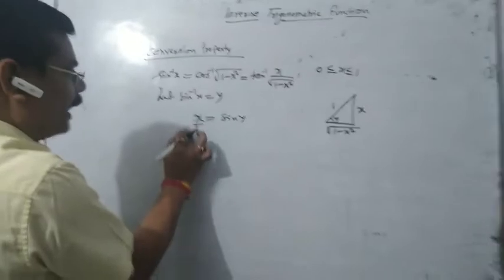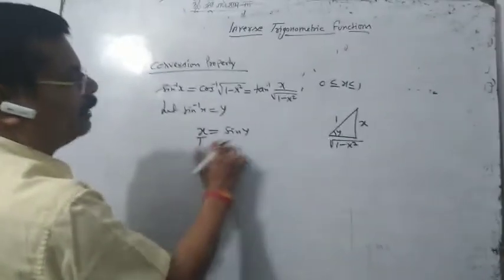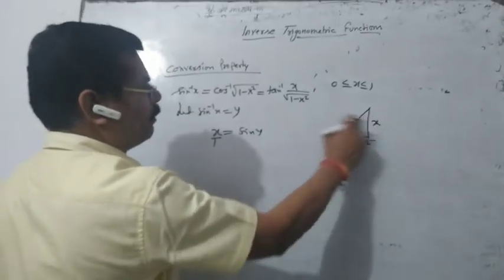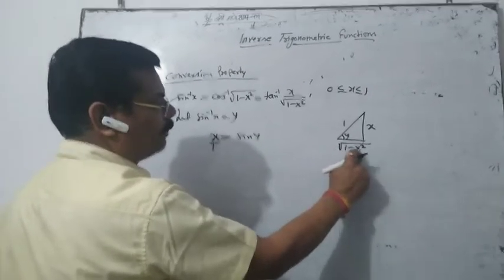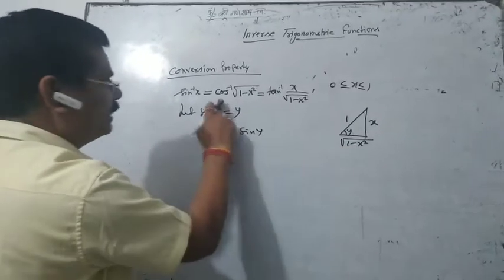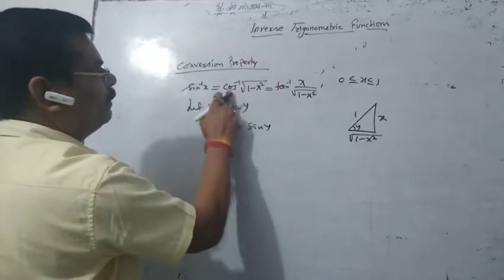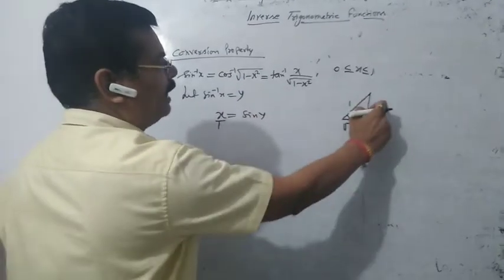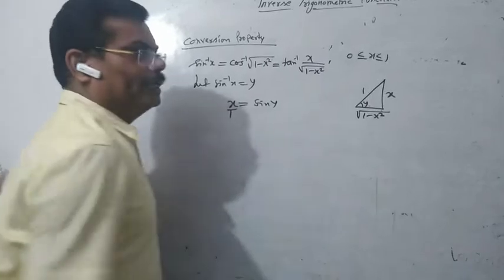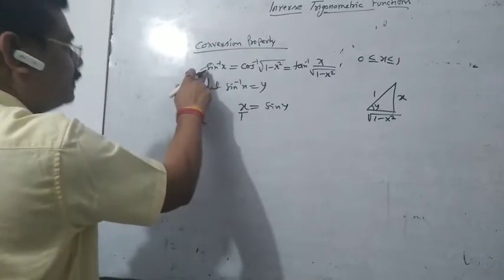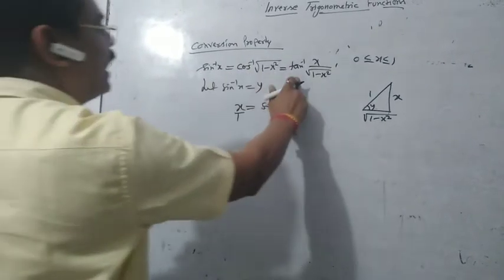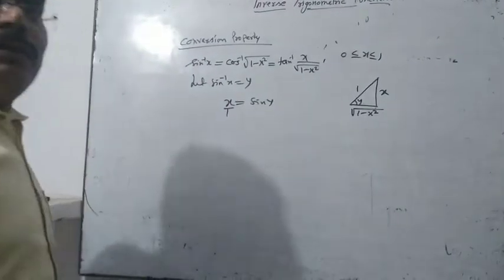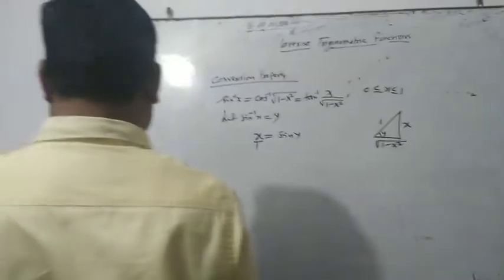So x is equal to sin y, converted to triangle form. Sin is perpendicular upon hypotenuse, so the base is root of 1 minus x square. You can write cos inverse: cos is base upon hypotenuse, meaning cos inverse of root 1 minus x square. Tan inverse: tan is perpendicular upon base, so x upon root 1 minus x square. So you can change sin inverse to cos inverse to tan inverse. Then sin inverse x is equal to cos inverse root 1 minus x square, which is equal to tan inverse x upon root 1 minus x square.